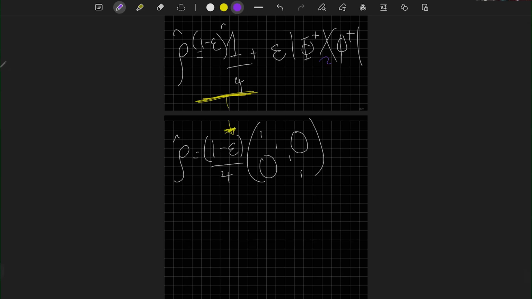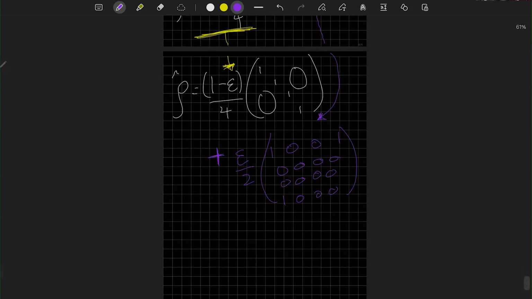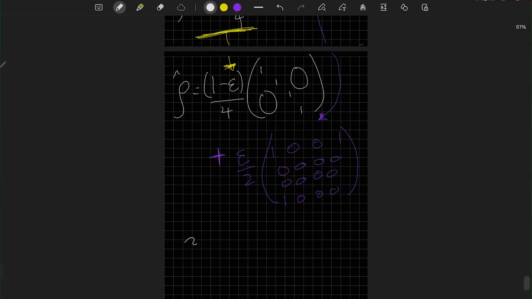And now I can write down this thing plus epsilon of 1, 1, 0, 0, 0, 0, 0, 0, 0. Now I form this sum over here. I have done this calculation for you already, I think.